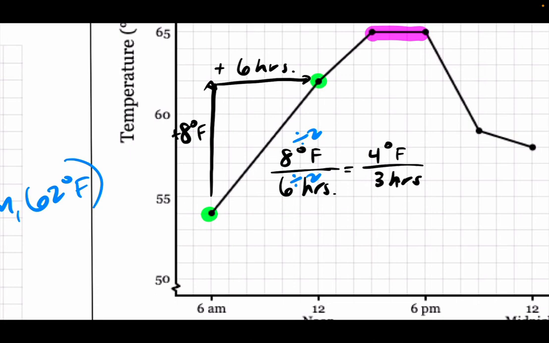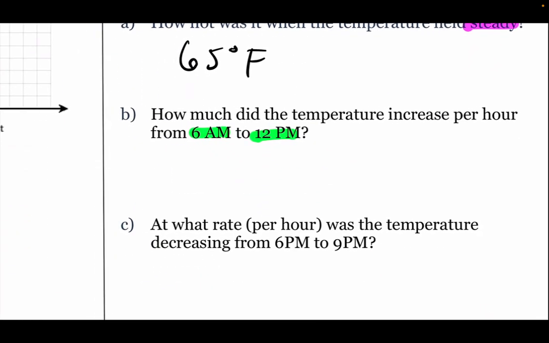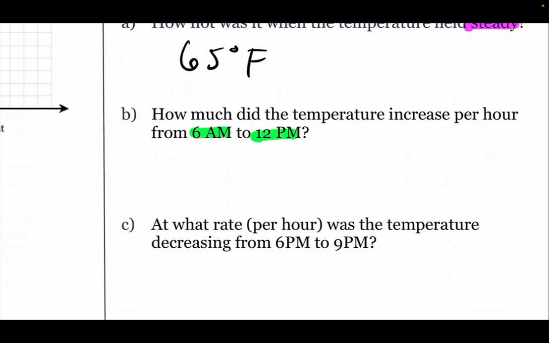It went up 4 degrees every 3 hours. So it increased 4 degrees Fahrenheit every 3 hours, or let me write it as a sentence. Every 3 hours.